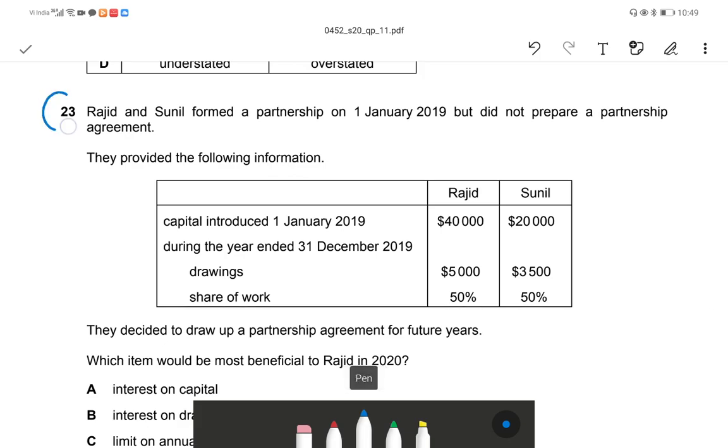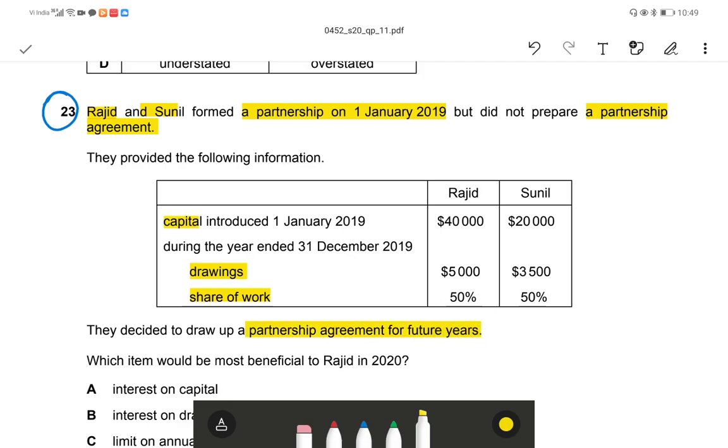Question number 23. Rajit and Sunil formed a partnership on 1st April 2019 but did not prepare a partnership agreement. They provided the following information: capital given, drawing given, their share of work given. They decided to draw up a partnership agreement for future years.